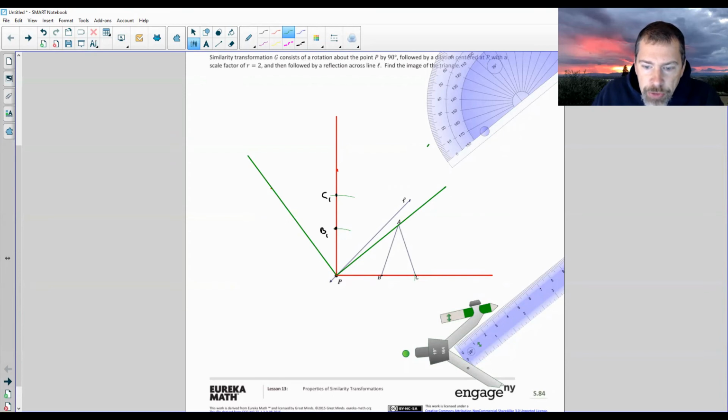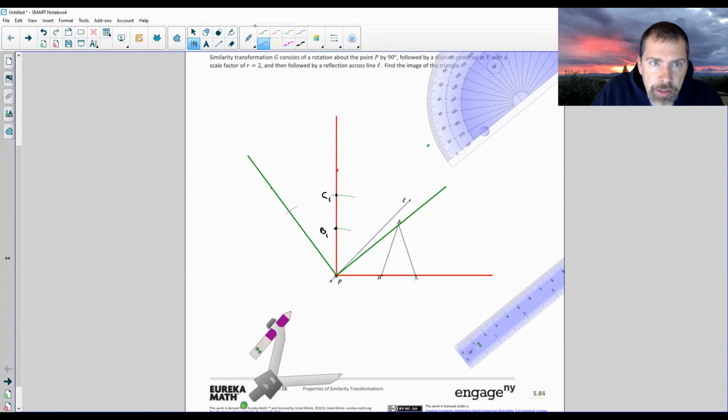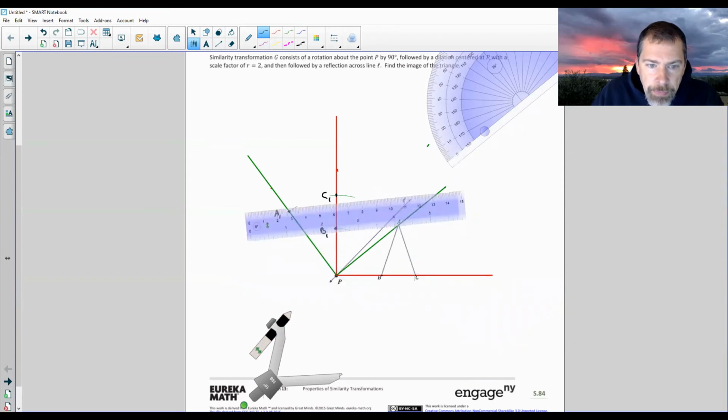So now all I have to do is take my compass, put it at P, rotate it. Let's use purple this time. Open it up to A, rotate it around, and that would be right here. So the intersection of that arc and my 90-degree angle, the ray from that leg of the 90-degree angle, is my A1. So then I take my ruler and I connect.